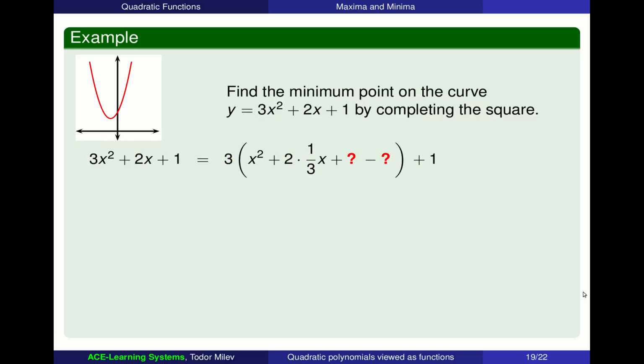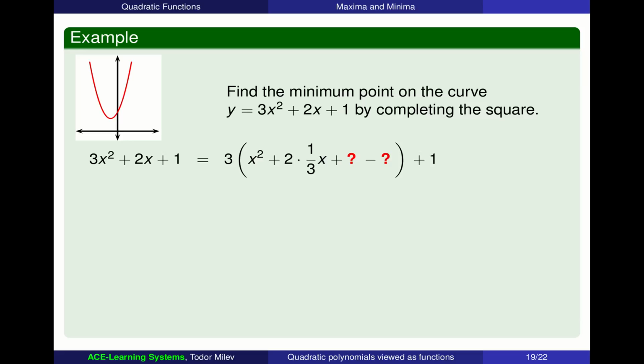So now, what do I add and subtract so as to make this into a perfect square? I'm trying to complete the square. What do I add and what do I subtract so as to make this expression into a perfect square? How should I select the question mark so as to make that a square? I'm sure you guessed it correctly.